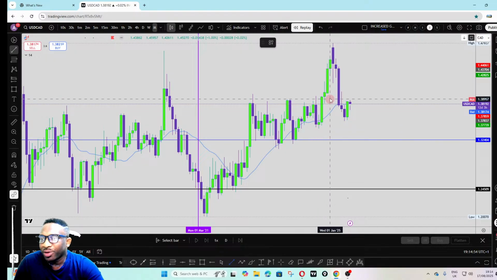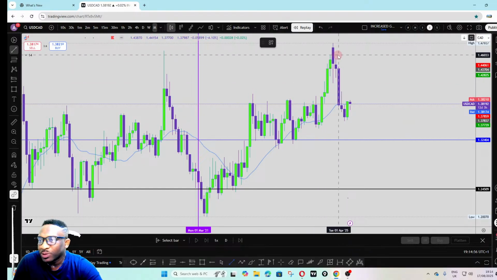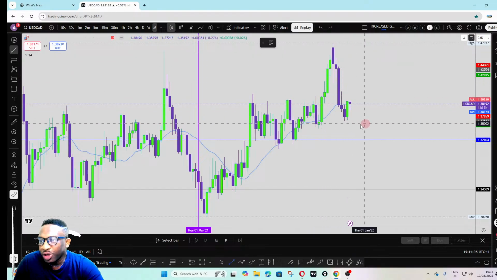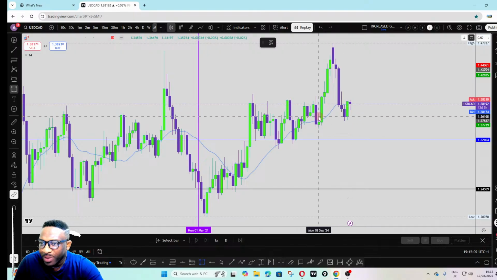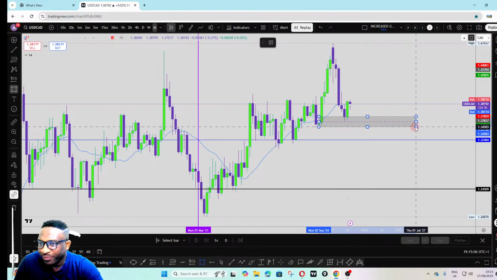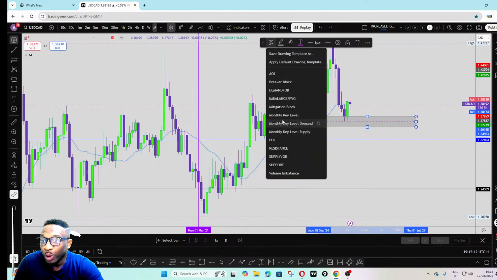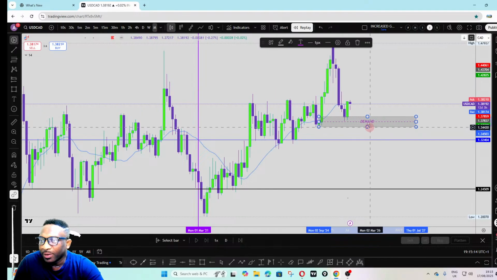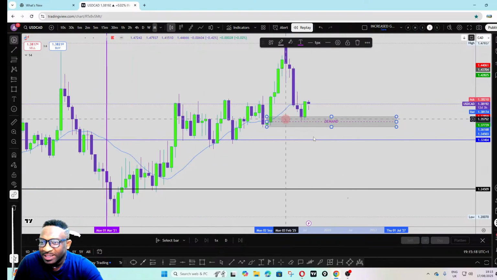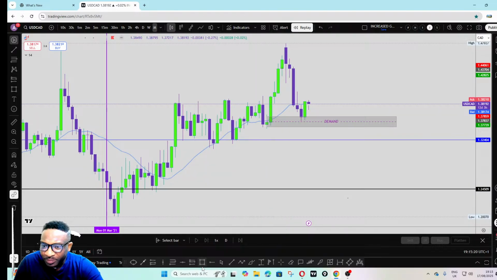Once we have a break of structure, we expect price to come back to the origin. The origin for this is from here. The price started moving away from this zone here. So this now becomes our demand zone on the monthly. Attached to this, let's see if we can identify any imbalance.